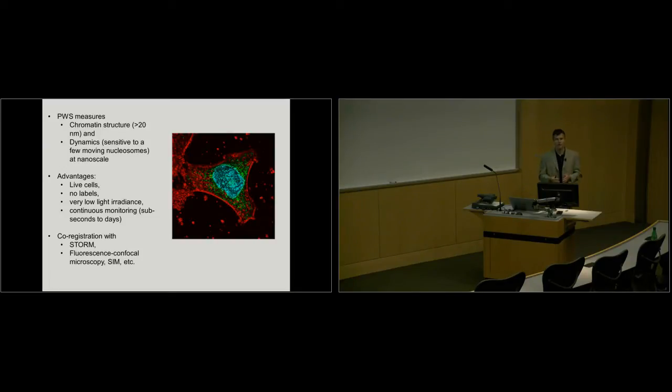The resolution is 200 nanometers, but within each and every voxel of resolution, you can sense structure down to 20 nanometers and dynamics, again, at the nanoscale. You can work with live cells, no labels. Importantly, you can use very low light radiance comparable to phase contrast. And this is important because most super-resolution microscopy techniques rely on very high irradiation intensities. There's always a question, are you inducing further damage or not?